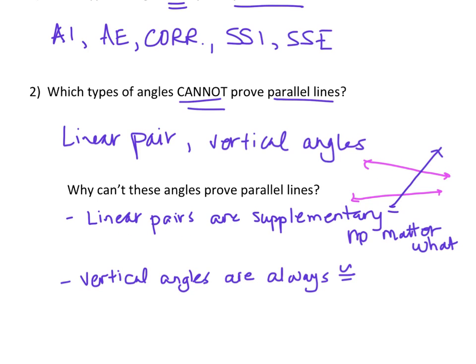It doesn't matter if these lines are parallel or not. And same thing goes with vertical angles, they will always be congruent even if these coplanar lines are not parallel to each other. So you can't use linear pairs and vertical angles to prove that you have parallel lines.